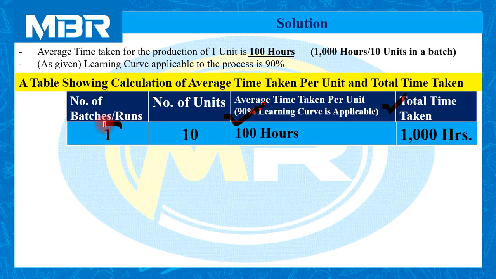Batch number 1, the first batch consists of 10 units of production. Average time taken to produce one unit is 100. That we have completed over here. And total time taken to produce the first batch is 1000 hours. This information is readymade given to us in our question.